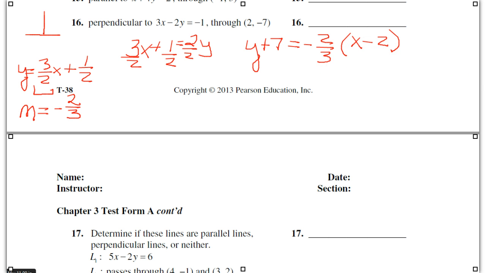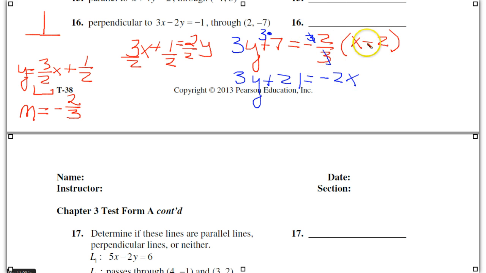Again, a technique, get rid of those fractions, multiply every term by 3. Here the 3's cancel out, which is what I want, so I get now 3y plus 21 equals, so notice there's a negative there, so negative 2 times x, a negative 2x.